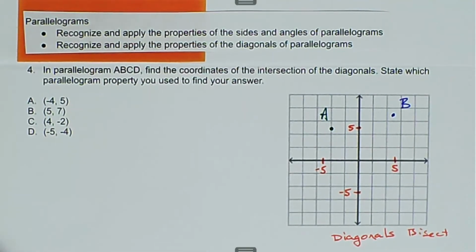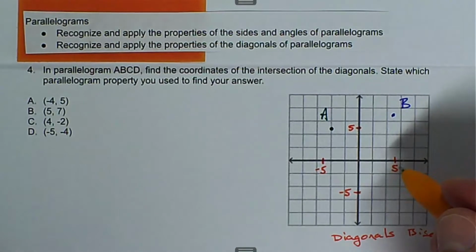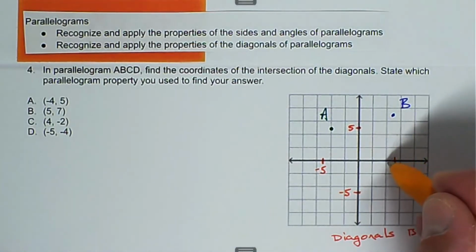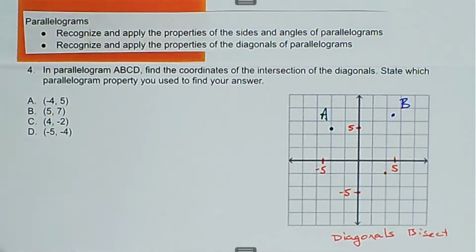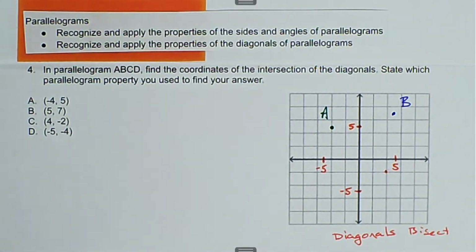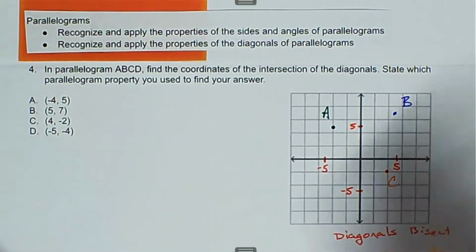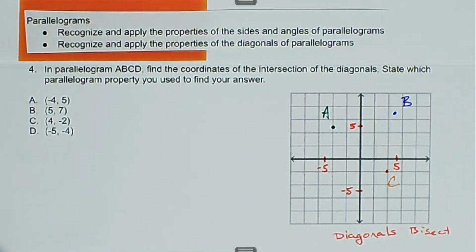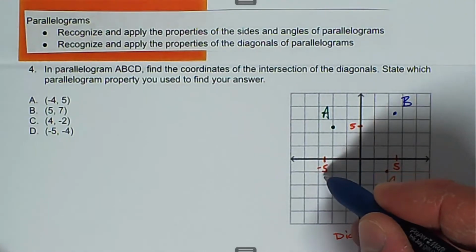Then we're going to have 4, negative 2 for C. So 4, negative 2, which is going to be right there. And that's going to be point C. And then our last one is negative 4, negative 5. Excuse me, negative 5, negative 4.